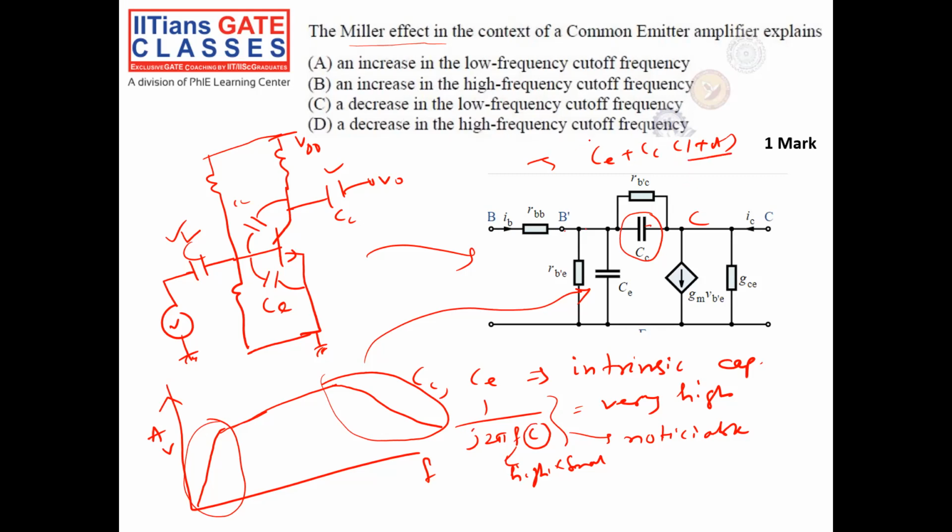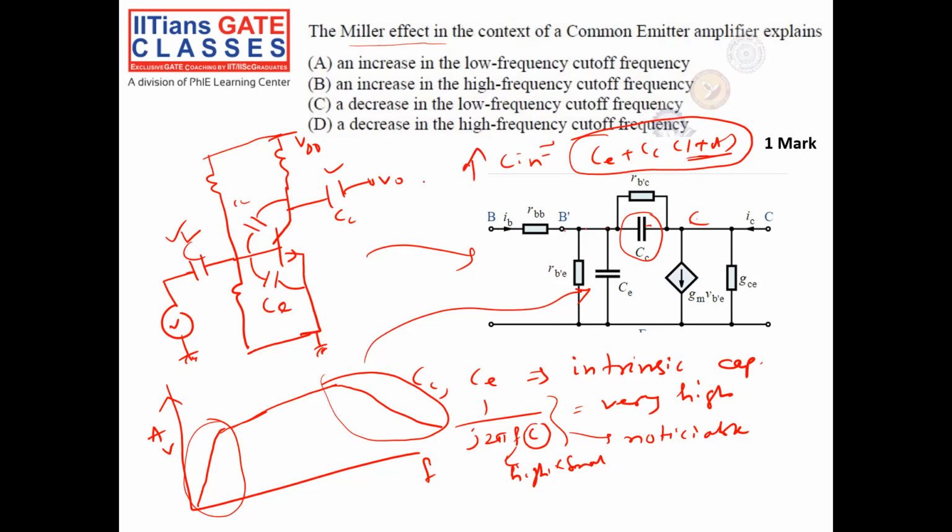So at the input I have a very high capacitance because of the Miller effect, since the capacitance between base and collector, nothing but input and output, gets multiplied by 1 plus gain times. So my input capacitance will be very high.